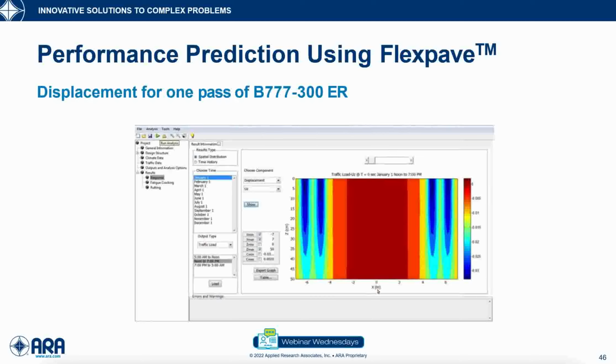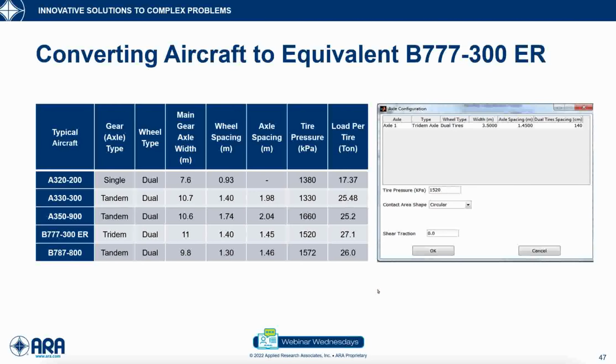There are a variety of aircraft that are using that airport. And each of these aircraft, let's say you have A320, A330, A350, 777, Boeing 787, all of them have different wheel spacing, different tire pressures, different axle spacing, different loads. So each one is causing different damage than the other.